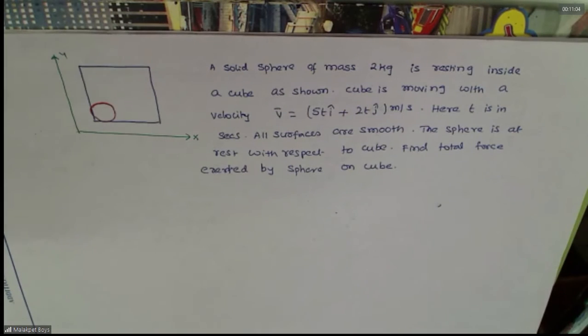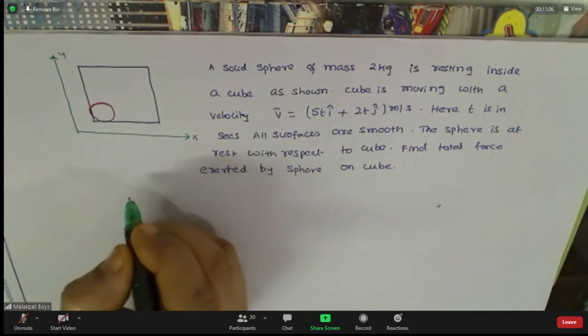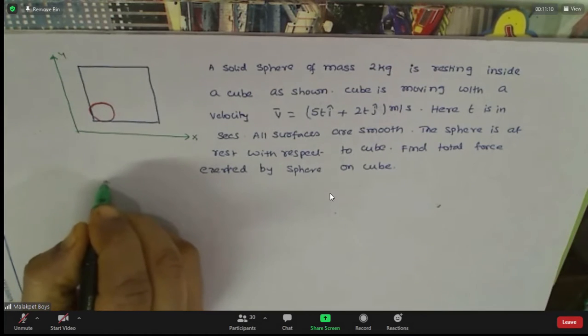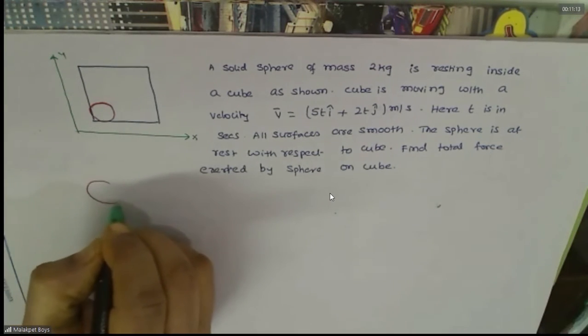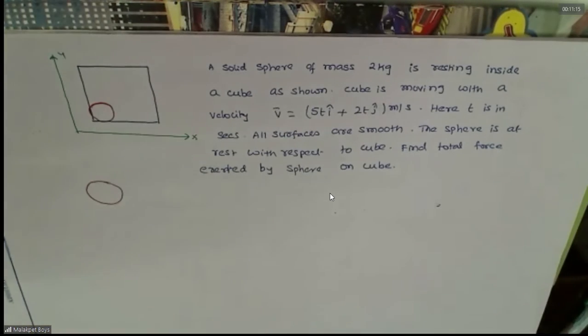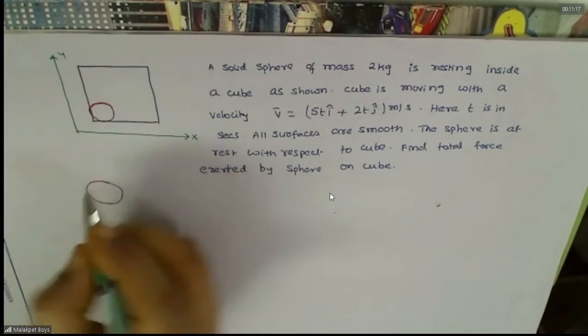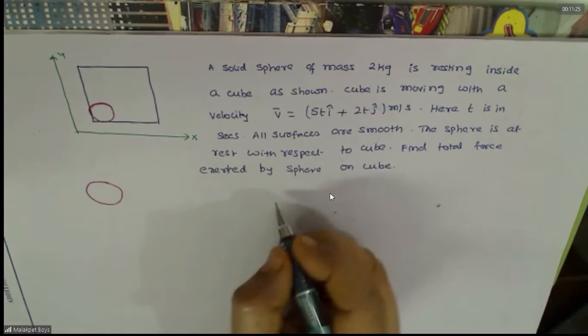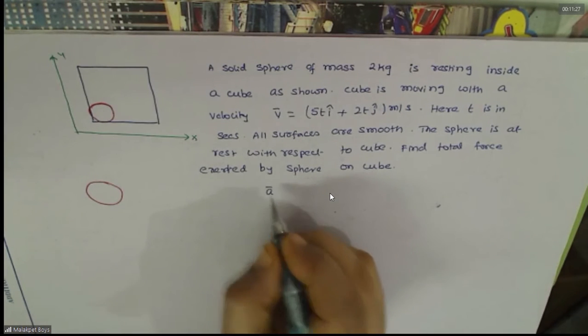So we'll first see what are the forces on the sphere. There is a contact here. First of all, whether it will be pressing or not, we should know. For that reason, find the acceleration of the sphere first.